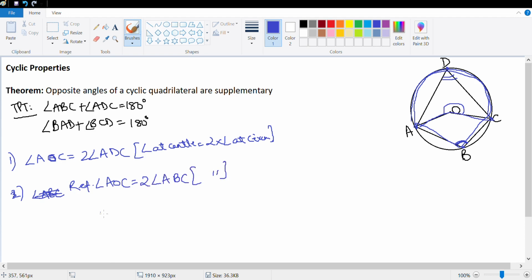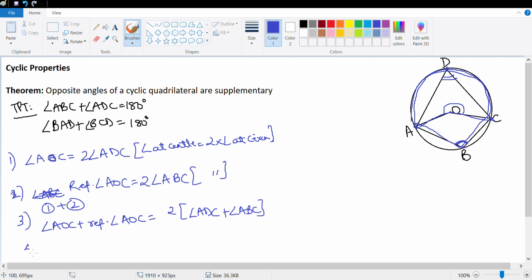Same reason. We know that the total angle around O is 360 degrees, which means let's add 1 plus 2. If I add 1 plus 2, what I get is angle AOC plus reflex angle AOC is equal to 2 times angle ADC plus 2 times angle ABC.